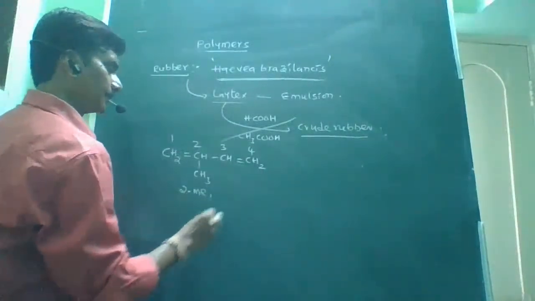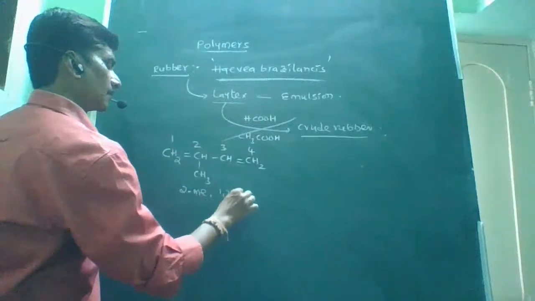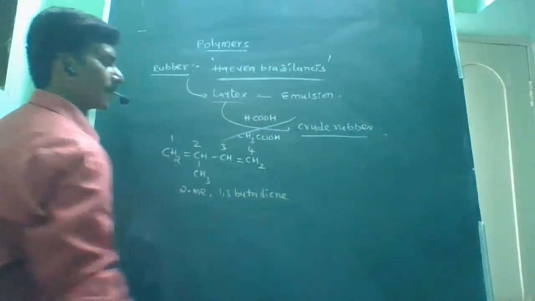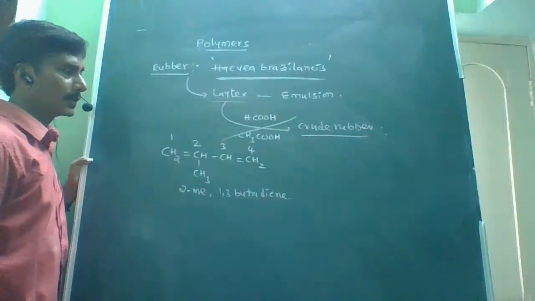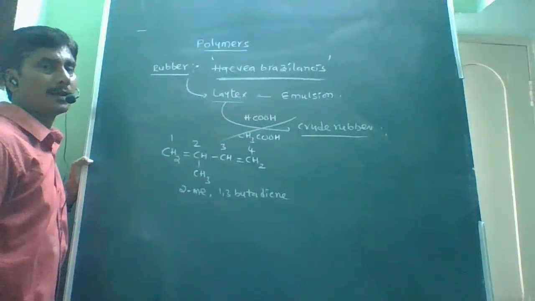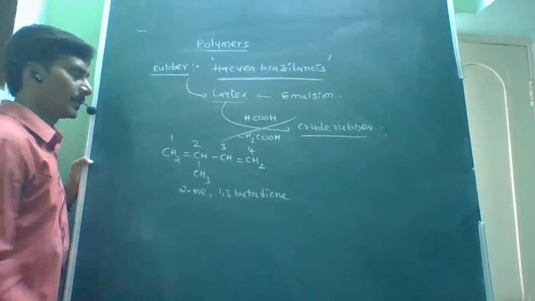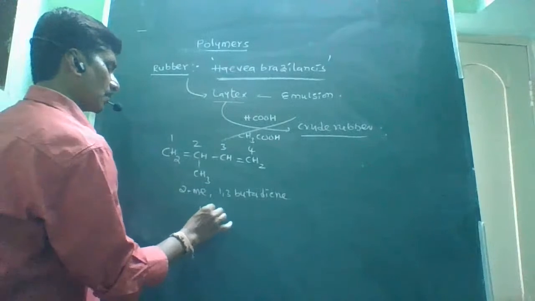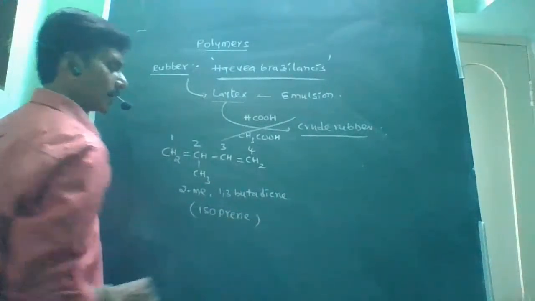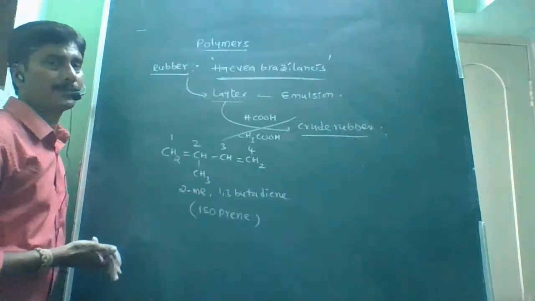2-methyl-1,3-butadiene is the monomer present in the rubber. It is also called isoprene units.